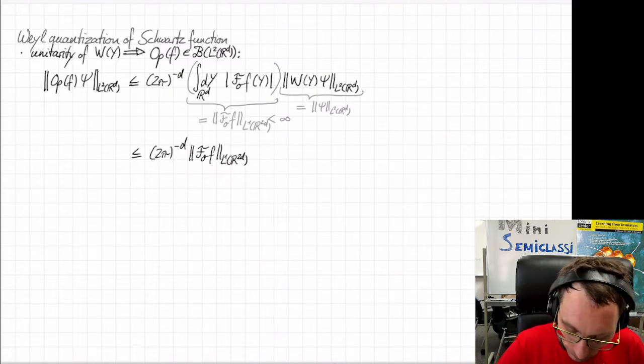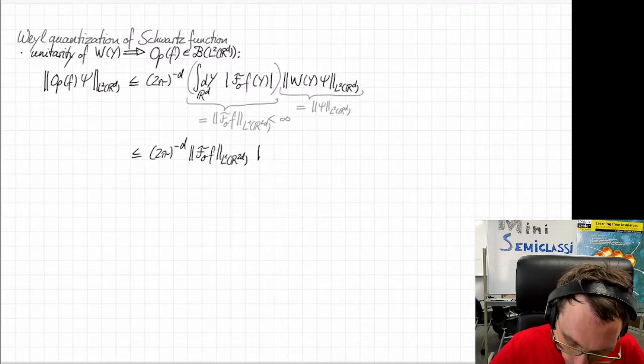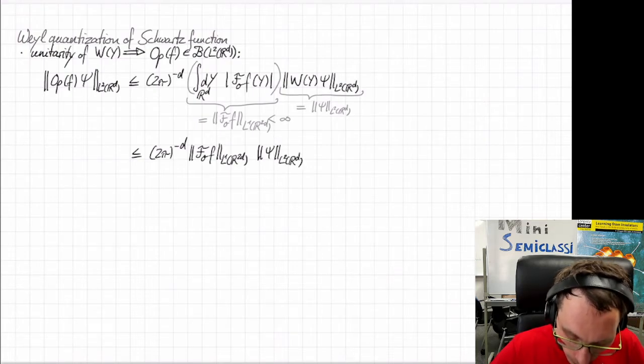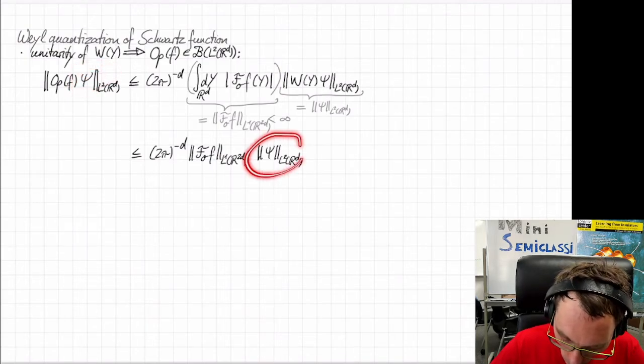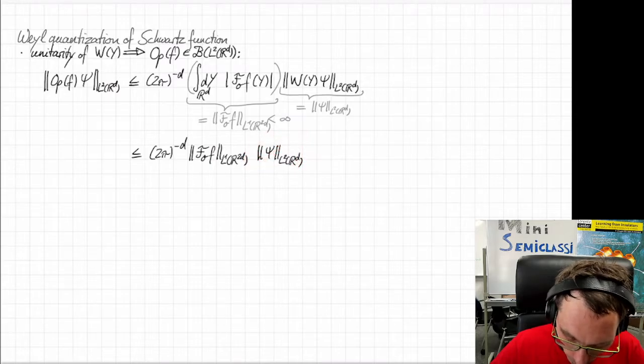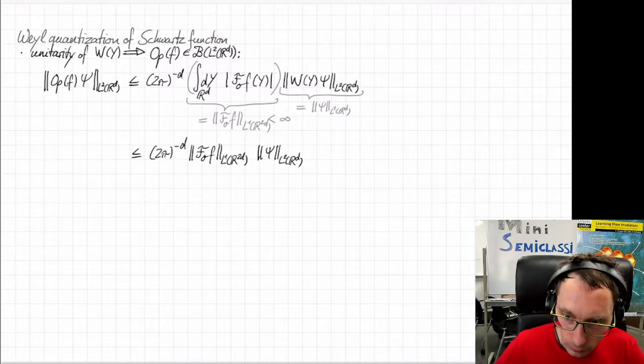You can make this more explicit if you want, but that's good enough, times the L2 norm of psi. And now we can take the supremum over all psi of norm 1. Norm 1 means this factor here cancels out, and we have found a bound on the operator norm.